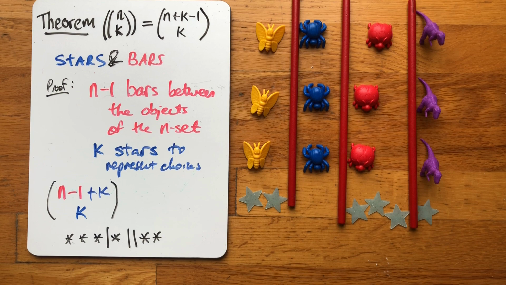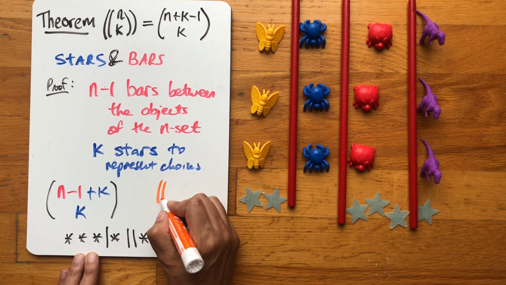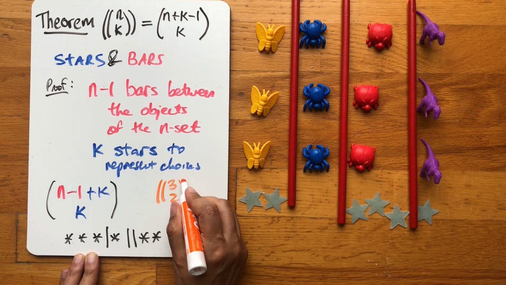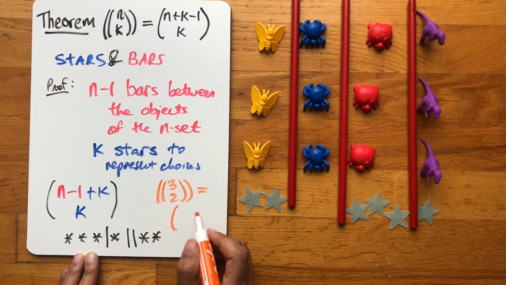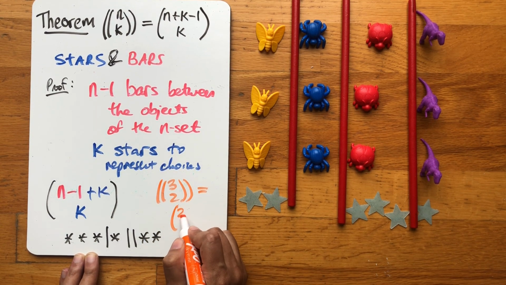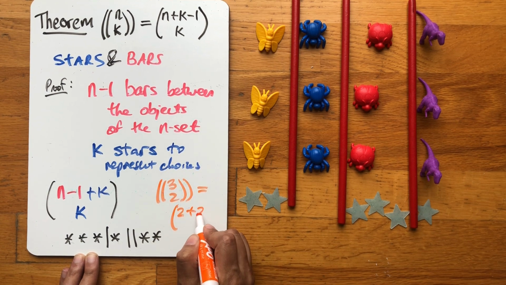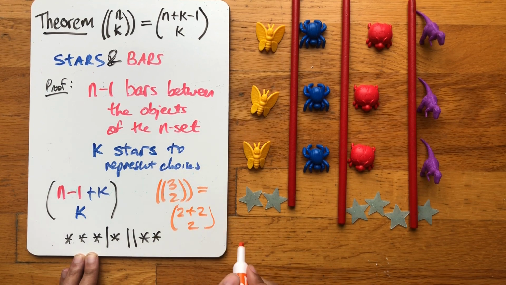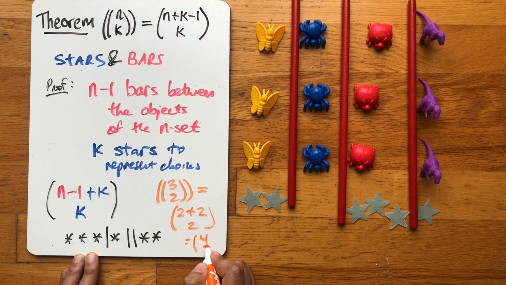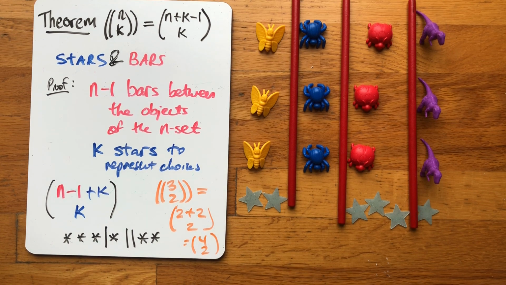Now if we look back at our earlier example, 3 multi-choose 2 equals 3 minus 1 plus 2 choose 2, which is of course 4 choose 2.